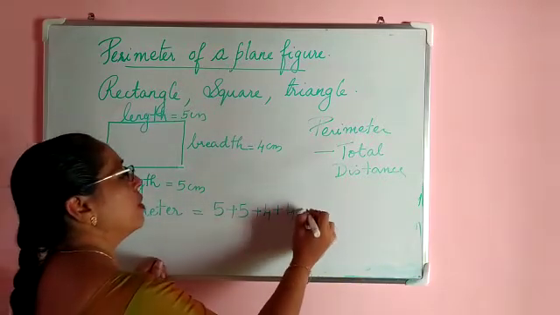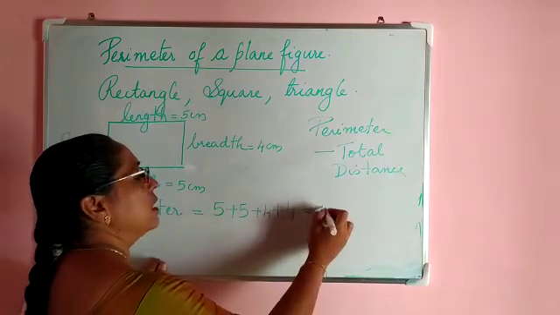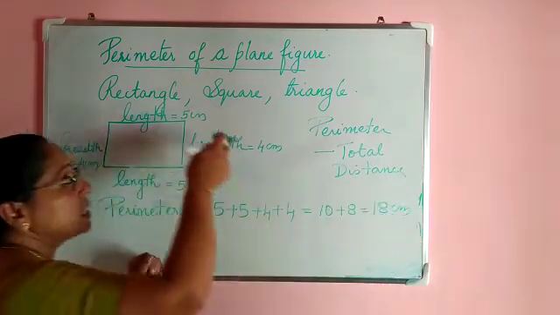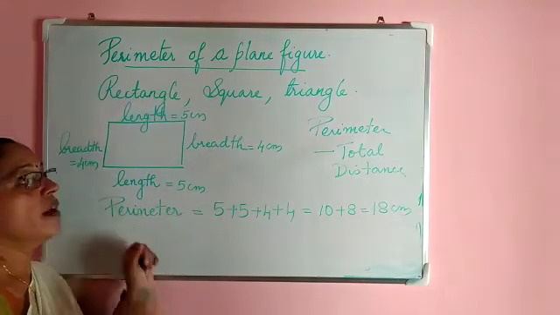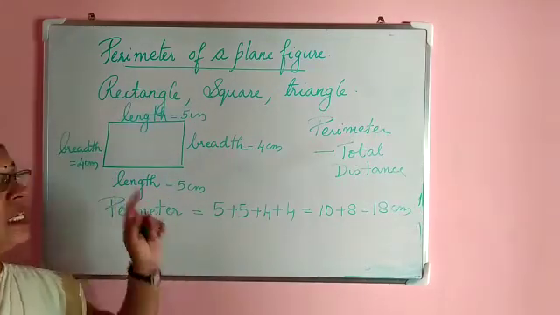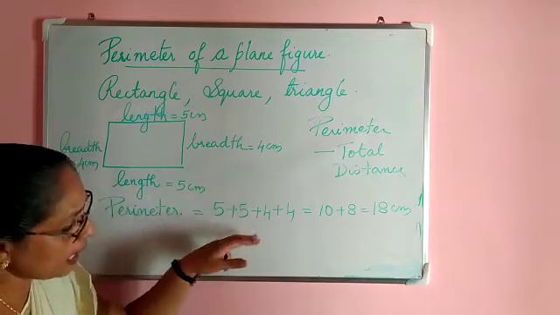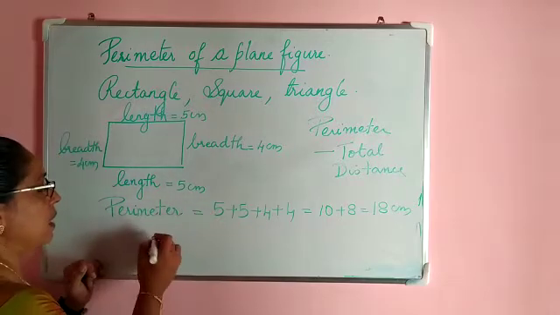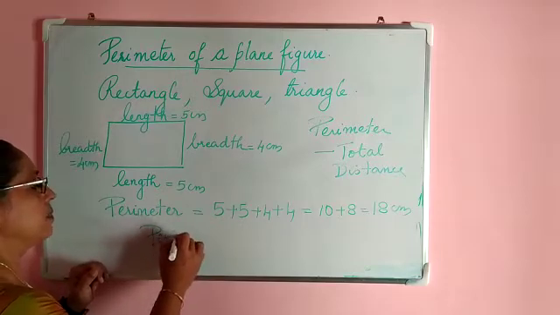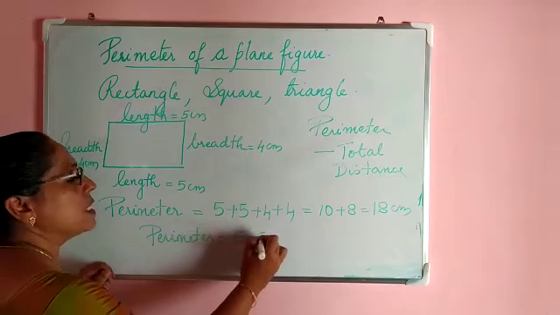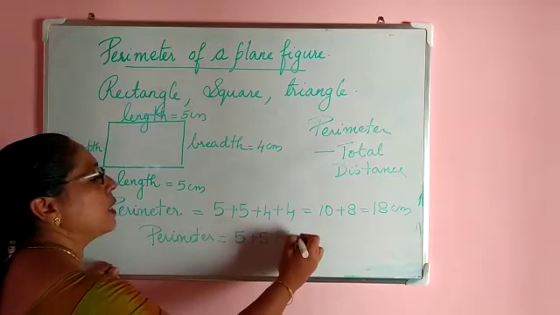So when you add it, what do you get? 5 plus 5, 10. 10 plus 8, 18. So 18 centimeter is the total distance, which is known as the perimeter of this plane figure, rectangle. Now the same thing we can do in another way. Perimeter is equal to 5 plus 5 plus 4 plus 4.